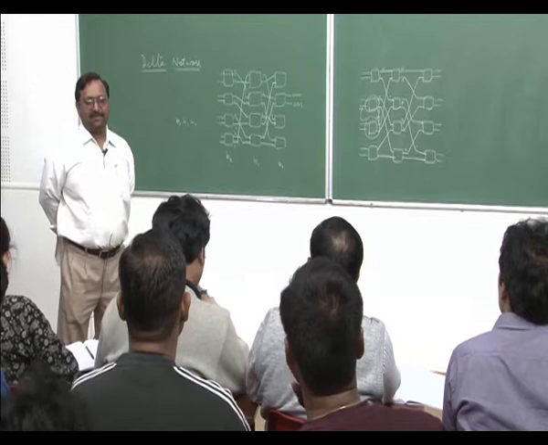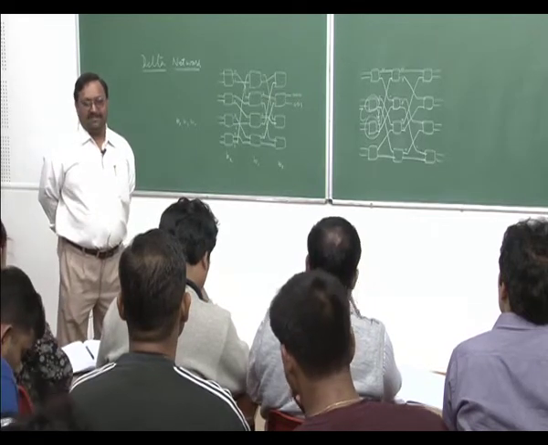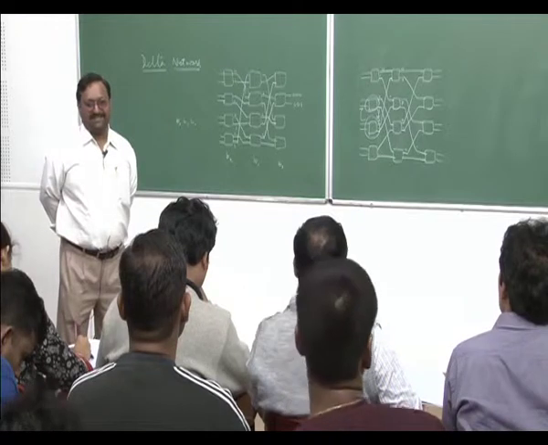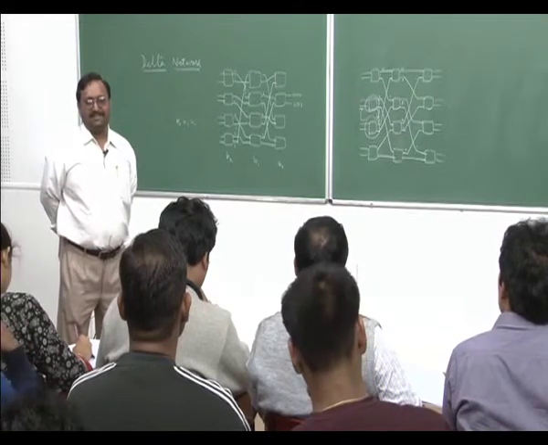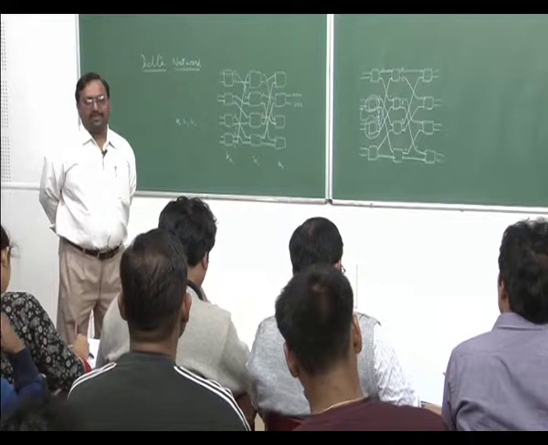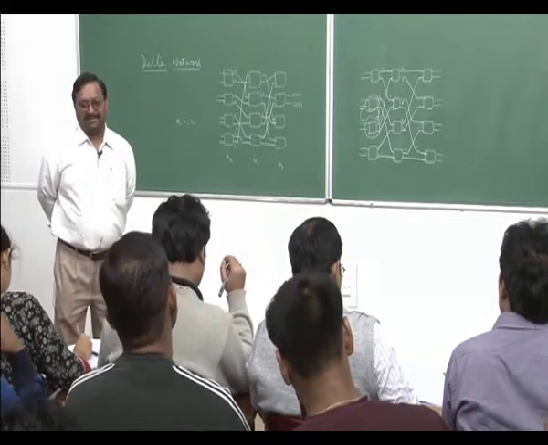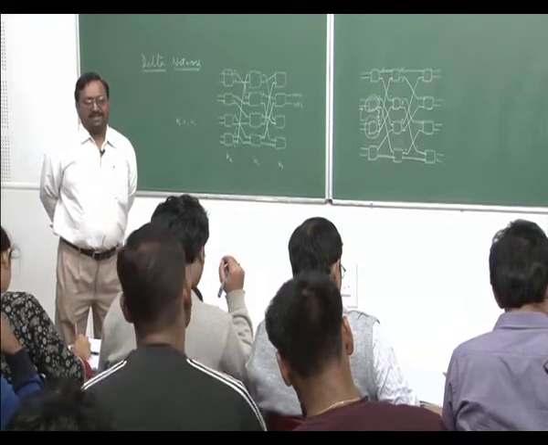Shuffle is one particular example which can be repeated between multiple stages. You require log 2 n stages actually. So, this is 8, log 2 n is 3. Log 2 of 8 is 3 in this case, because we are using 2 by 2 switches. But this is not a general definition.